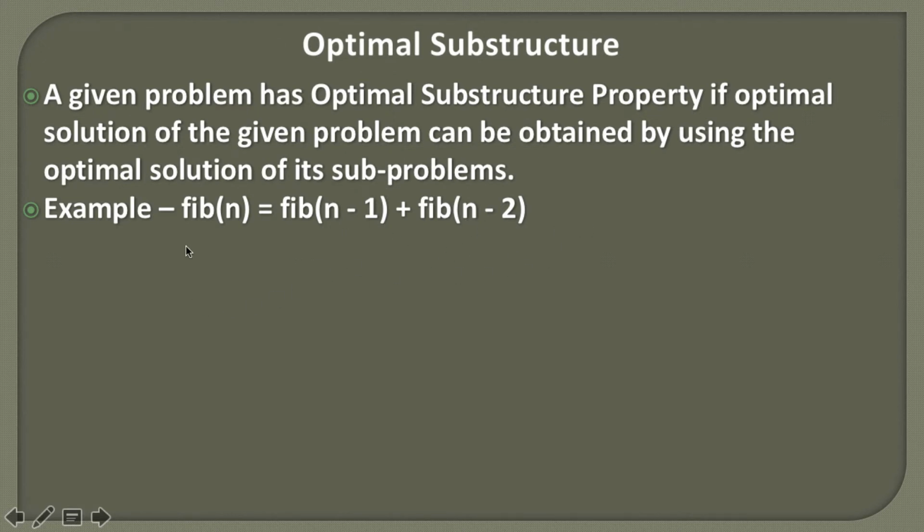Here you can see the complex problem has been broken down into smaller subproblems, which again get broken down into even smaller subproblems, which we saw in our last lecture. Therefore, as an example, we can say that if you want to calculate the nth Fibonacci number, we can do so by breaking it down into smaller subproblems. Thus, this problem has optimal substructure.